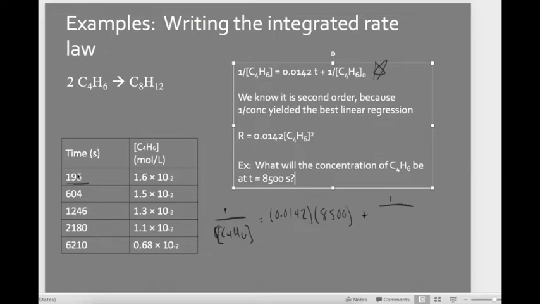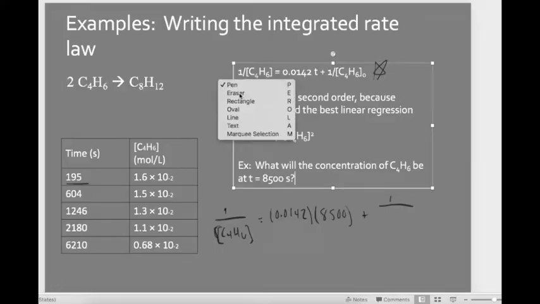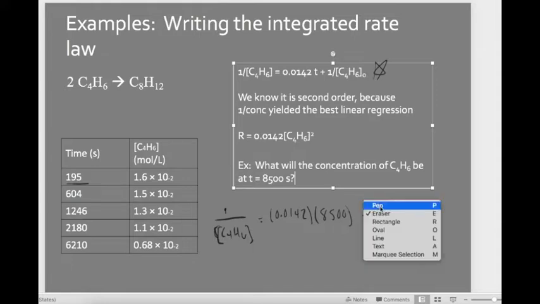I didn't realize that. This first time they give us is not time 0. So this is not my initial concentration. The initial concentration needs to be at time 0. So I actually need to go and grab the B value from this, 59.23. So I know that my y-intercept here is 59.23.